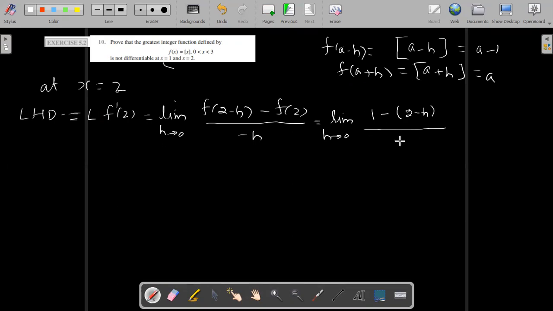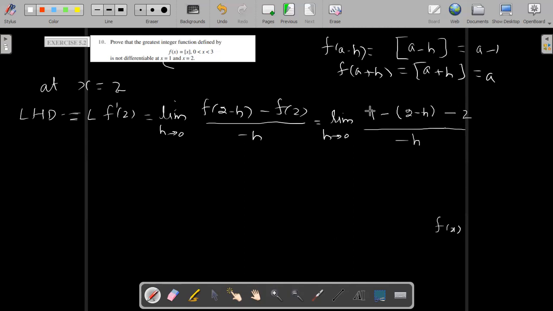Actually we have to write it in terms of h, not directly here. In order to cancel this h, if we are finding f(x) at any value with some decrement minus h, we can write 1 minus that number. So this will become 1 minus h, and then minus f(2), and the value of f(2) is 2.